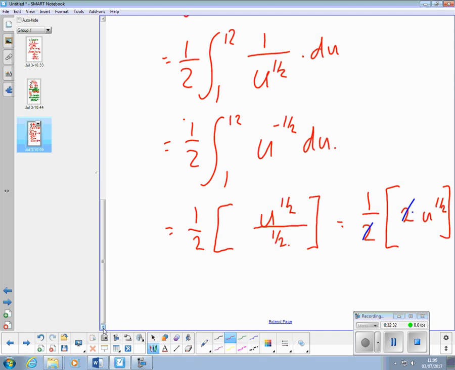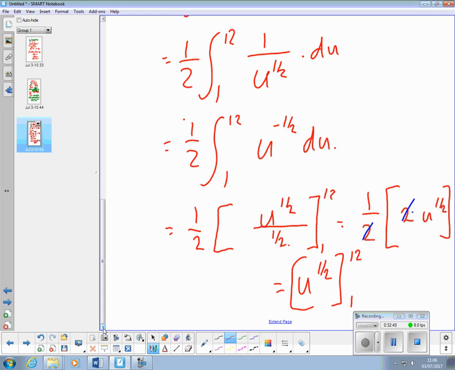We should have our limits in here as well, shouldn't we? Equals u to the half between 12 and 1.